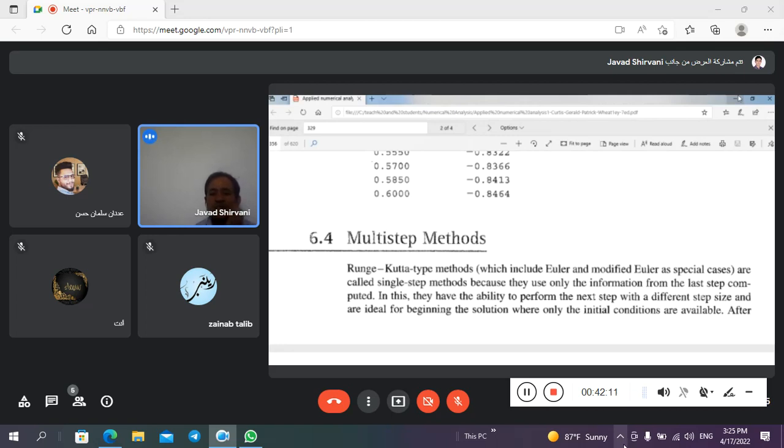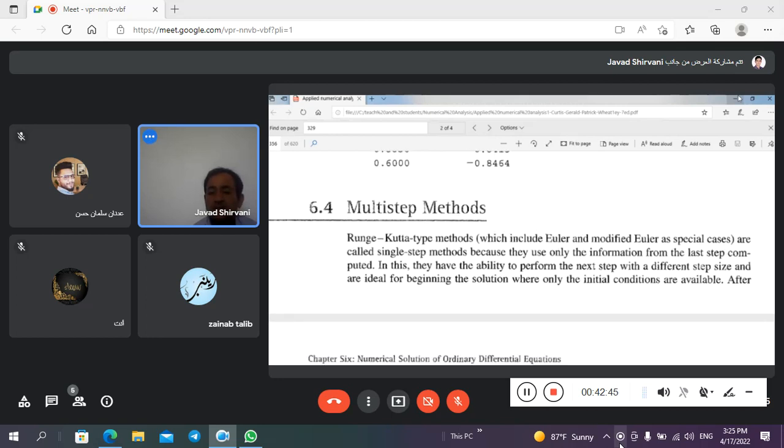For example, the book says Runge-Kutta type methods, which include Euler and modified Euler as special cases, are called single-step methods because they use only the information from the last step computed. They have the ability to perform the next step with a different step size and are ideal for beginning the solution where only initial conditions are available.